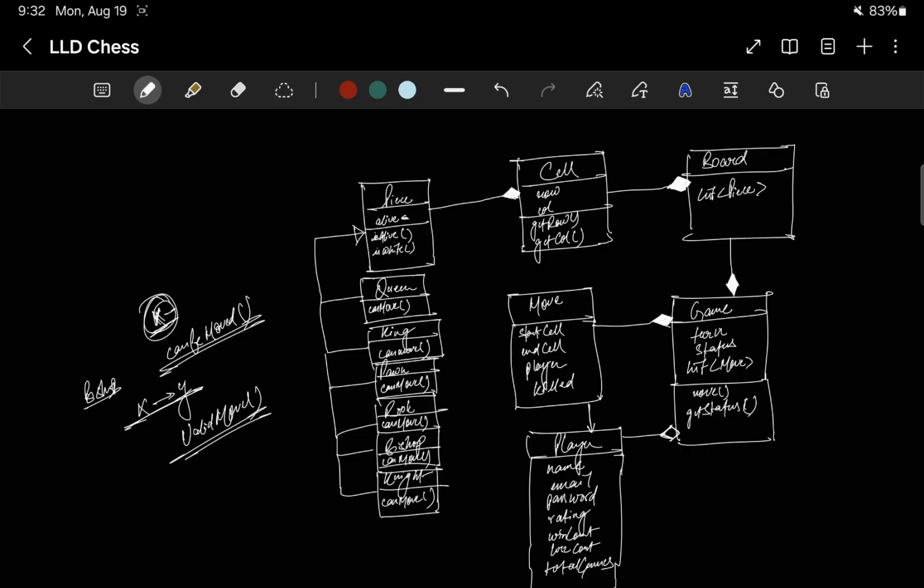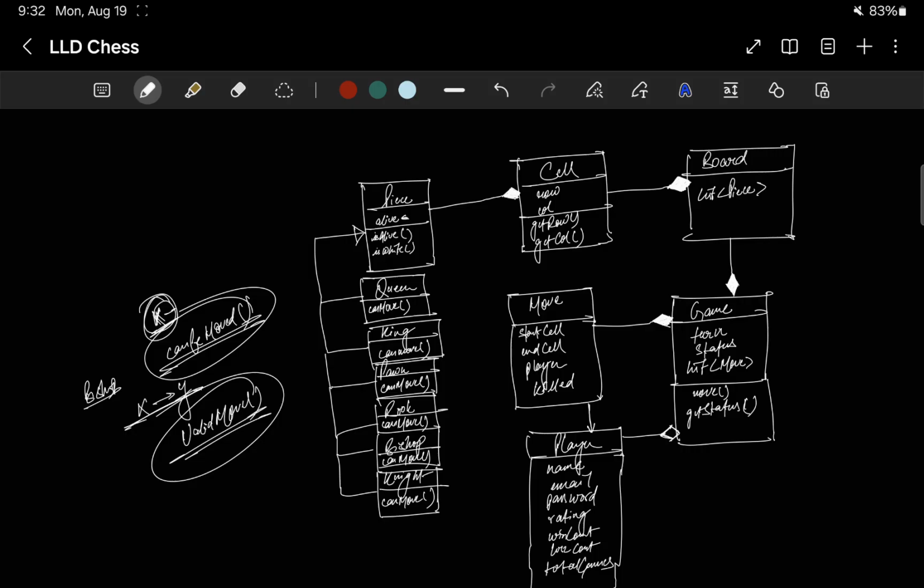You can be asked to write code only if there is some time left and the interviewer wants to check if you know how to write code or not. So basic coding, only that can be checked here. Just write a logic to check if a particular move is valid or not, if a move can be made or not.